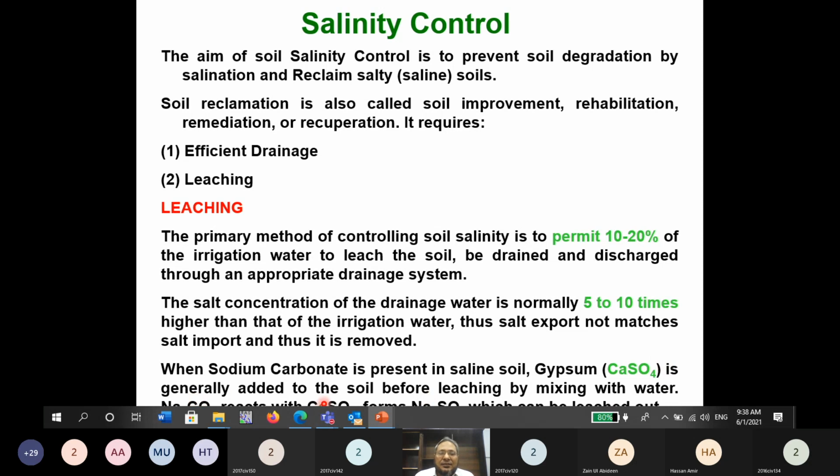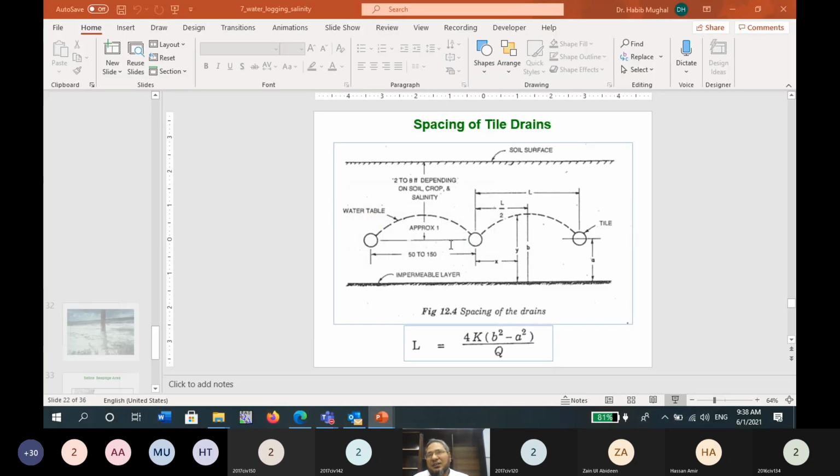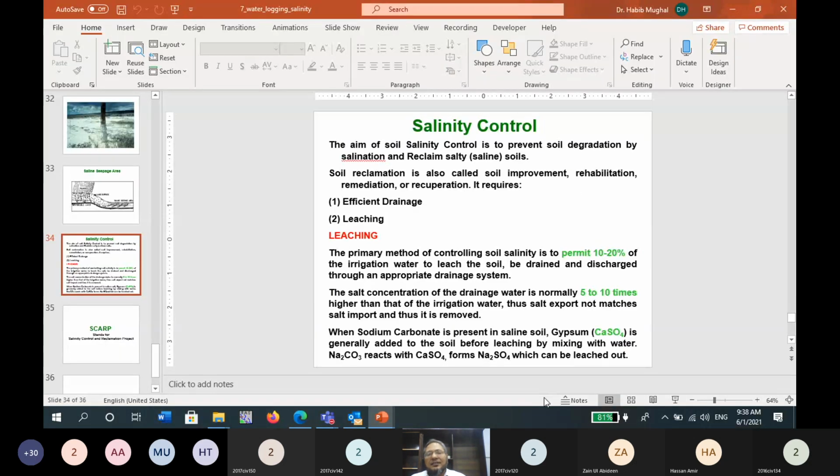Is generally added to the soil before leaching by mixing with water. वो हम पानी में mix करके और फिर वो लगाएंगे तो ये जो sodium carbonate है react करता है with calcium sulfate and it forms sodium sulfate which can be leached out. वो पानी से निकल जाएगा.